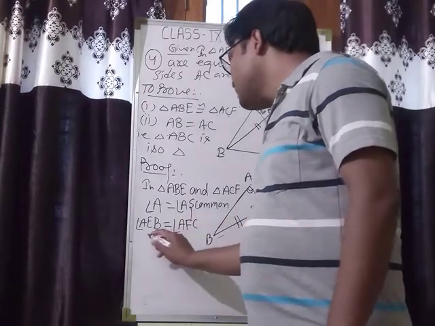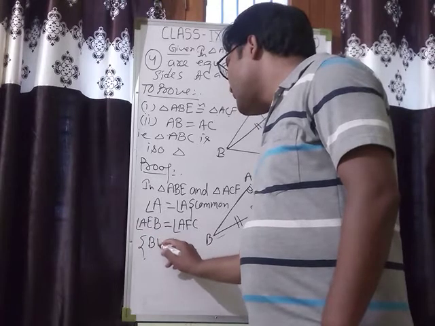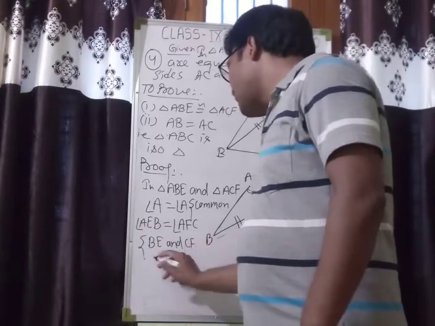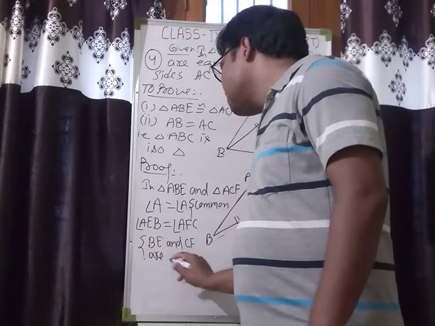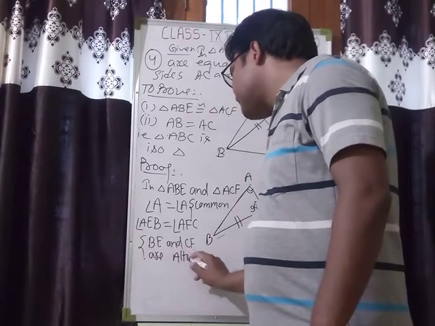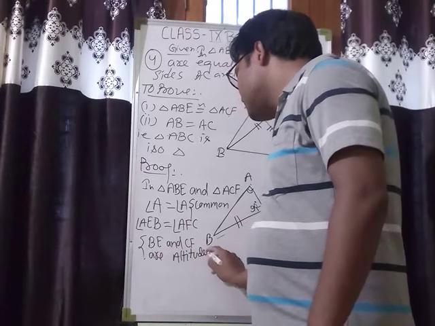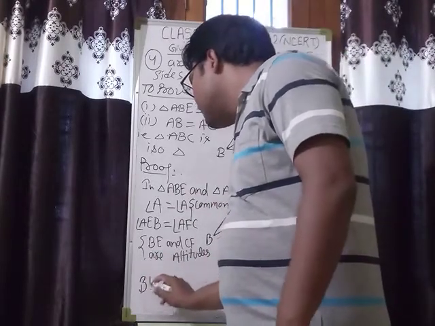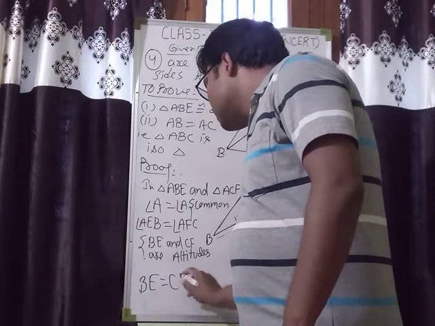Why? Because BE and CF are altitudes, and it is given that BE equal to CF.